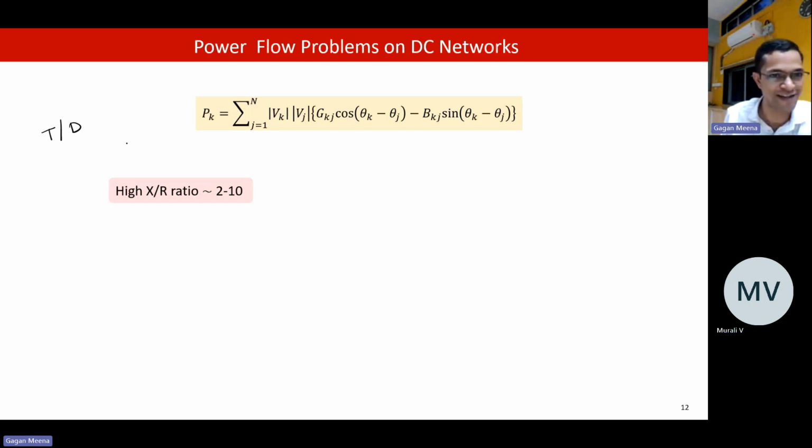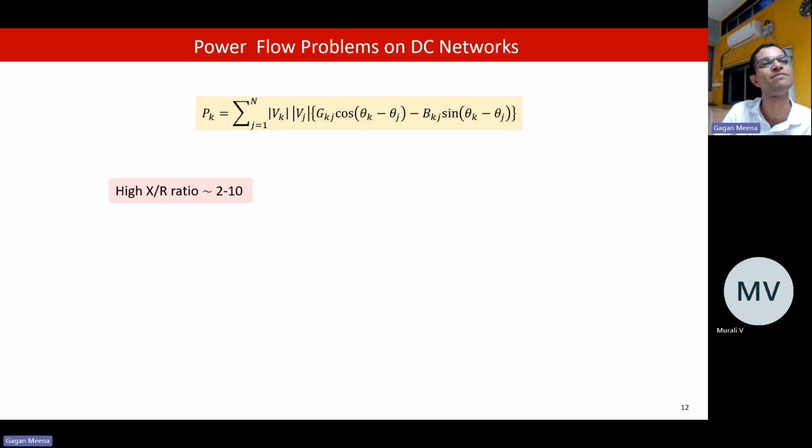We cannot use fast decoupled or decoupled in a distribution system. We have to use Newton, and if we use the same Newton which we are using here, it has poor convergence for distribution systems because of this R by X. That's why we need to modify it or use different methods, and those methods are very simple.